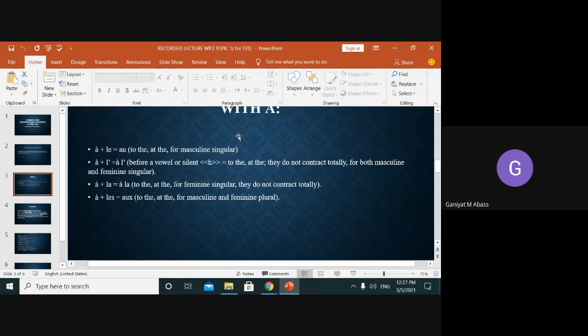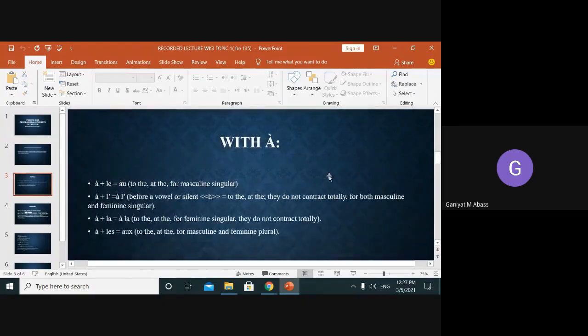Here we said when you are forming a contracted article with à, this is a preposition. Now look at the formation here. You have à plus le. You can see that this le here is a definite article. And the preposition that you get when you combine à plus le together will give you what?